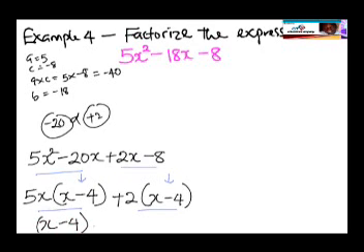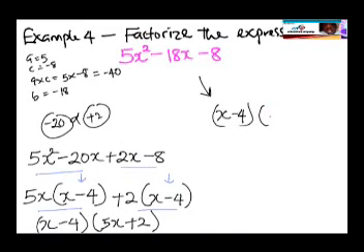Now you have 5x, remember whatever is left will be in a bracket, then if it goes out of this, plus 2. So that is exactly what you're having. So this is actually giving you x minus 4 times 5x plus 2. That's our final answer.